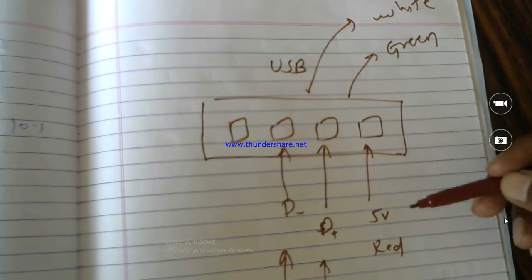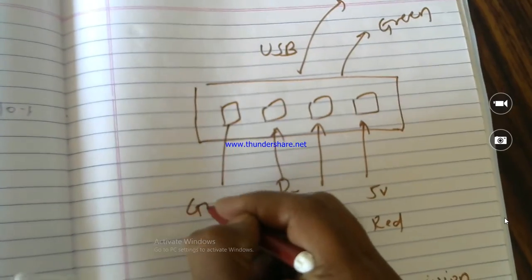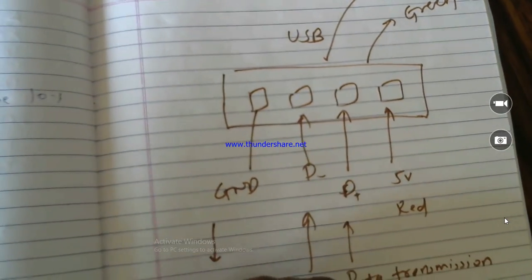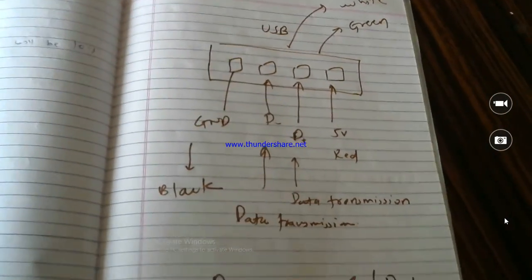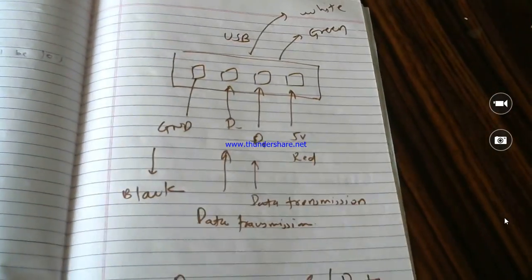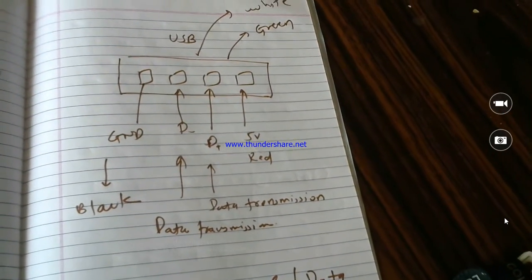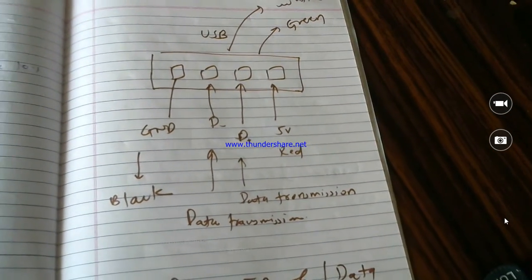The color of this 5V is red. Then there is ground, G N D, and the color is black. This is the diagram of USB, universal serial bus. Please observe this schematic of USB.